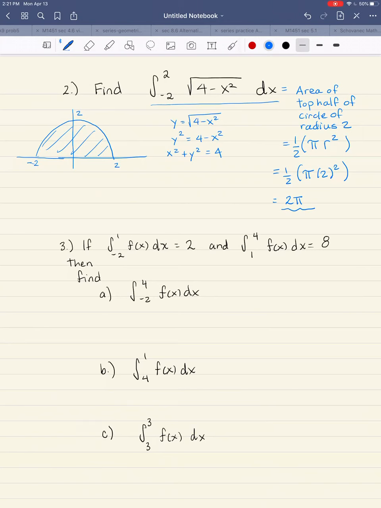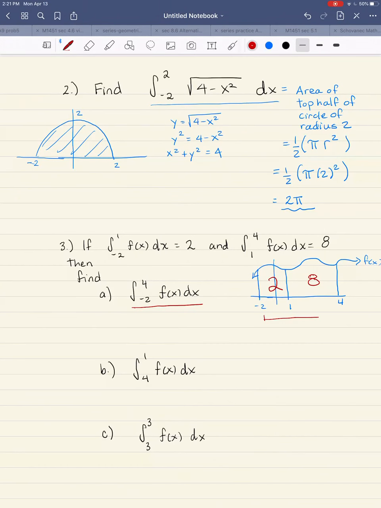Now in example 3, I have a random function. Let me draw a picture here. Some random continuous function. And from -2 to 1, we're told that area is equal to 2. And from 1 to 4, we're told that that area is equal to 8.